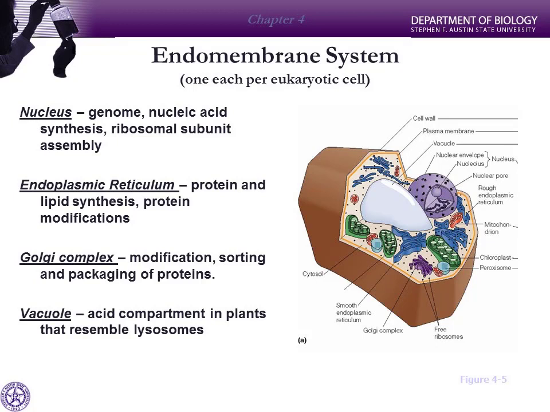Now, the nucleus, we know, this is where our DNA is going to be contained. All of our DNA, all of our genes collectively together, we refer to as the genome for the human species. We're also going to have our DNA copied, and we're going to begin the production of our ribosomes, and we're going to get to those maybe not today, but on Wednesday. But that production all begins in the nucleus.